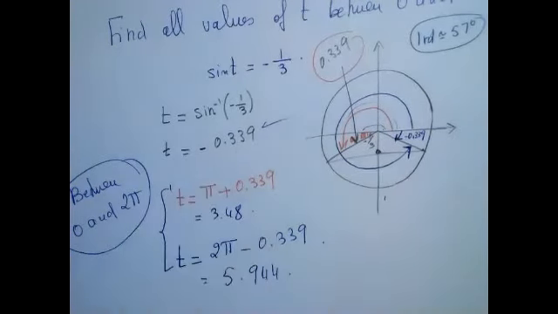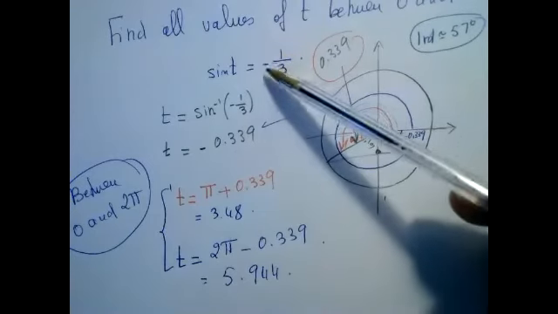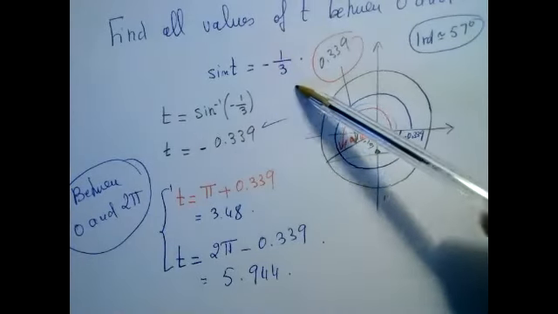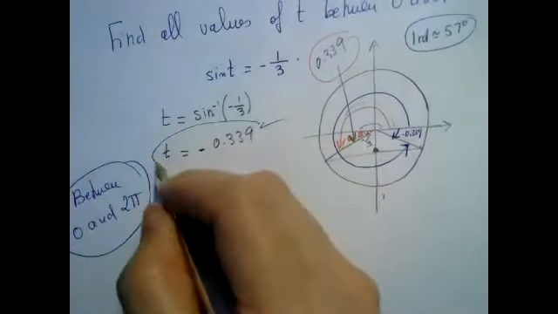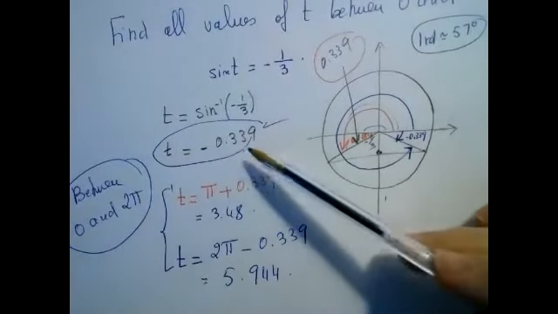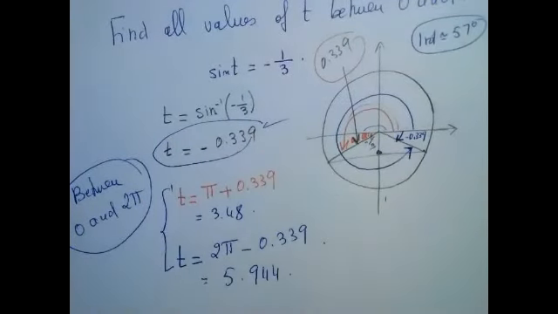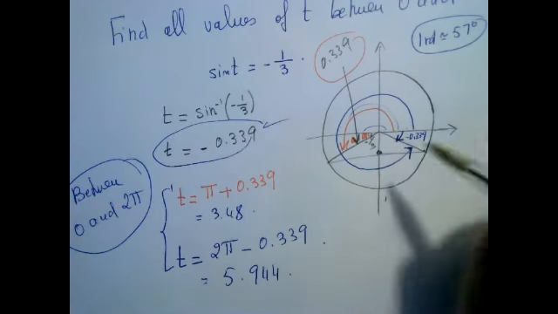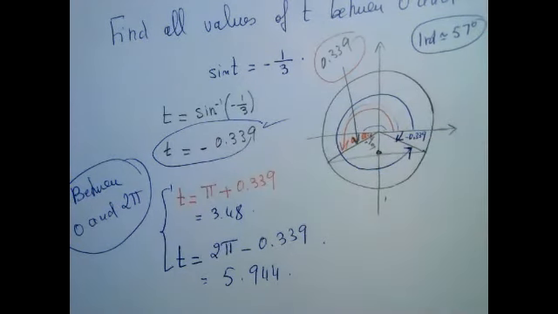5.944. So there are a lot of angles whose sine is minus a third. Your calculator gives you one of them, minus 0.339. That's one answer. But let us say I'm asking for those between 0 and 2 pi. The calculator gives you that, and then you use the picture.